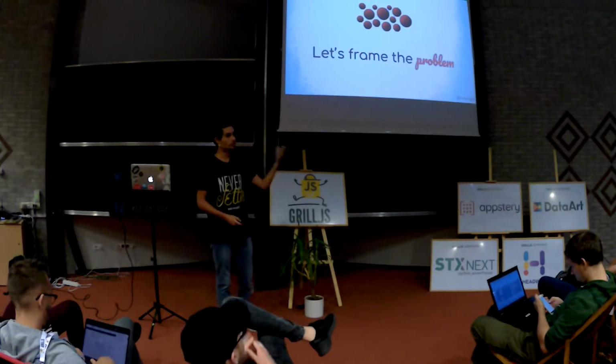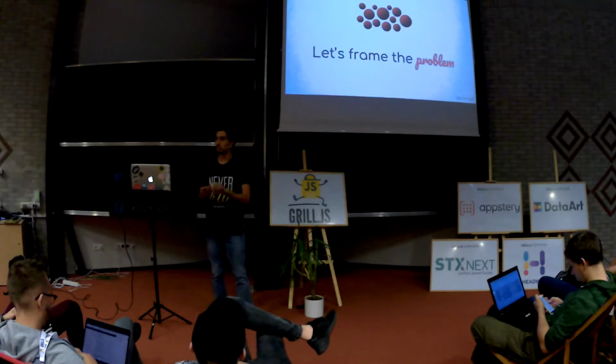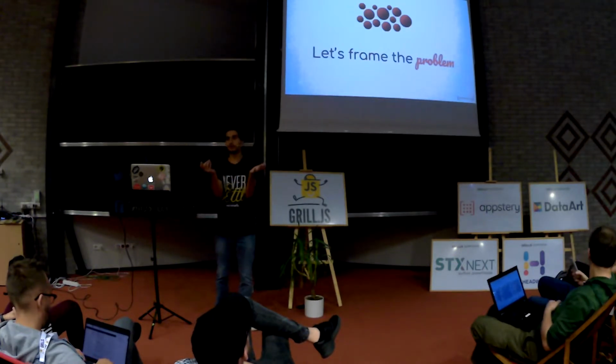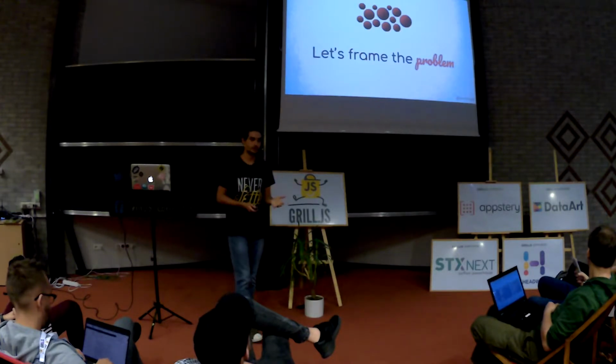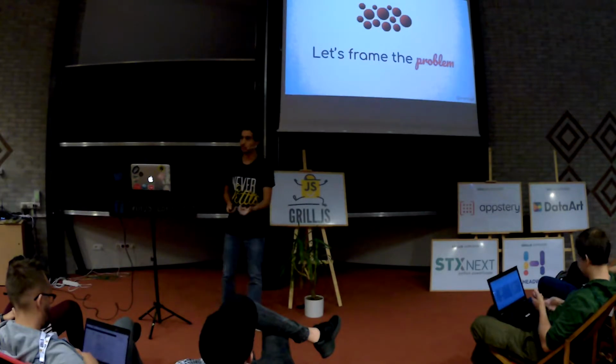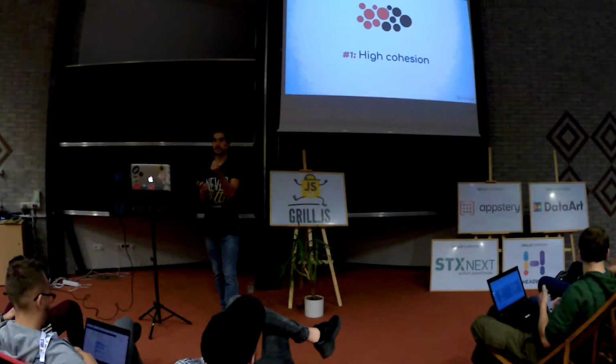So when we want to solve this problem, first we need to do some kind of groundwork, okay? We have maybe a monolith, a very, very huge system that we need to somehow break down. First, we need to have some kind of high cohesion.